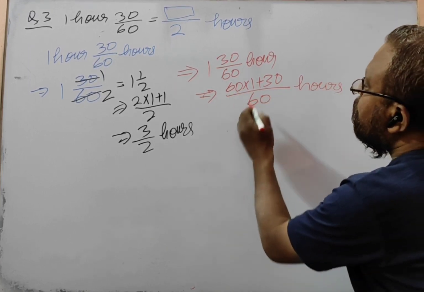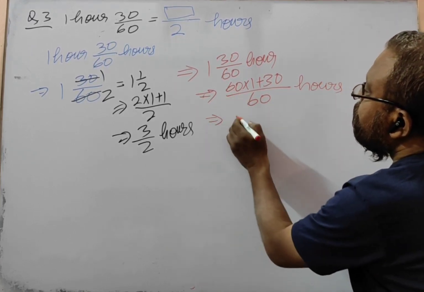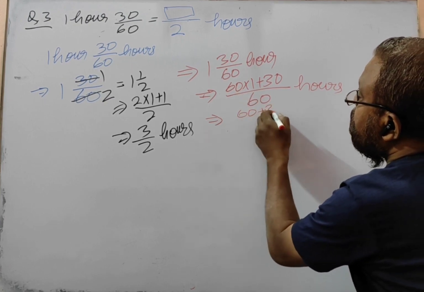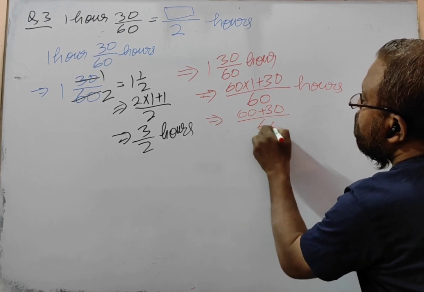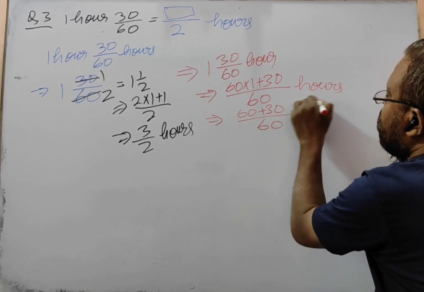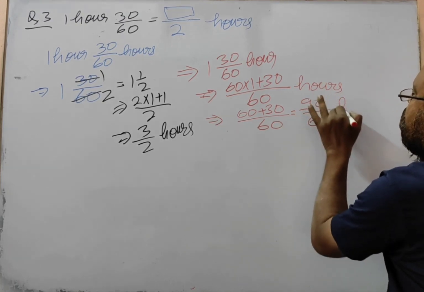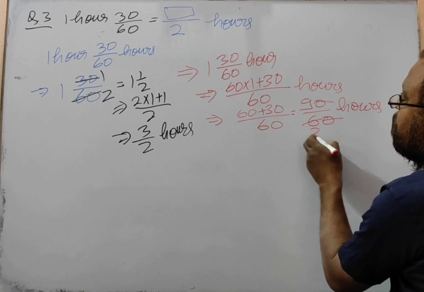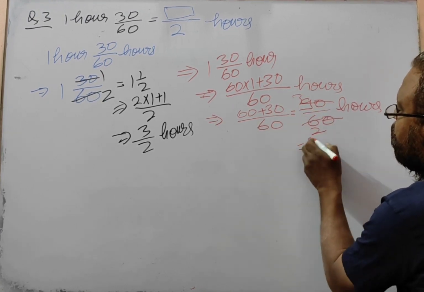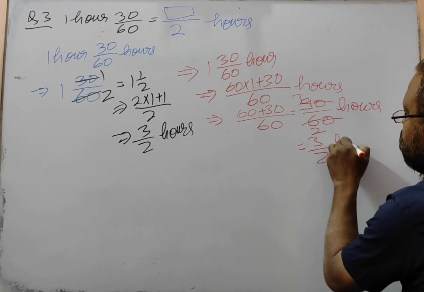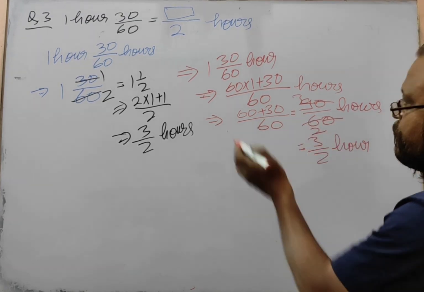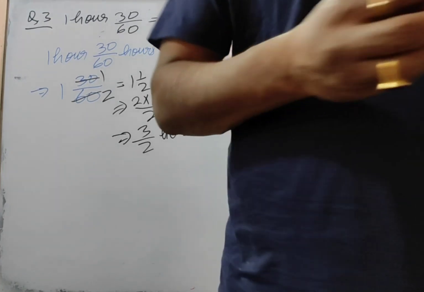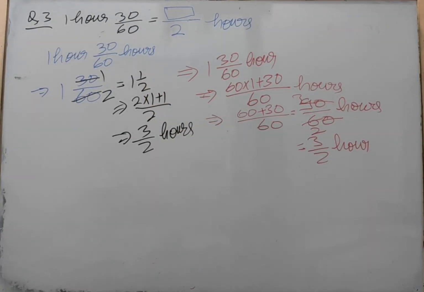So now we get 60 plus 30 upon 60. So we get 90 upon 60 hours, and 0 and 0 cancel. 3 2s are 6, 3 3s are 9. We get 3 by 2 hours, right? So these are the methods by which we can solve it. We can solve it directly also, or in this method. Which seems good for you?